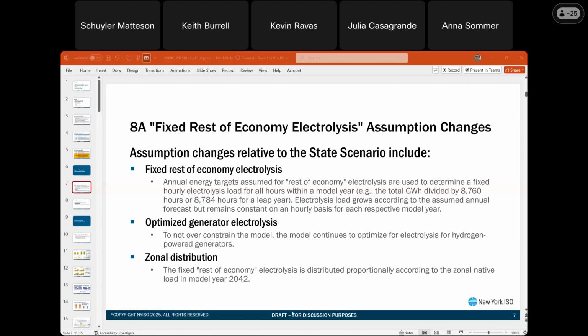But in this sensitivity, we have fixed this amount. We've fixed the rest of economy electrolysis, and we've distributed it amongst the zones proportionally according to the zonal native load in model year 2042.